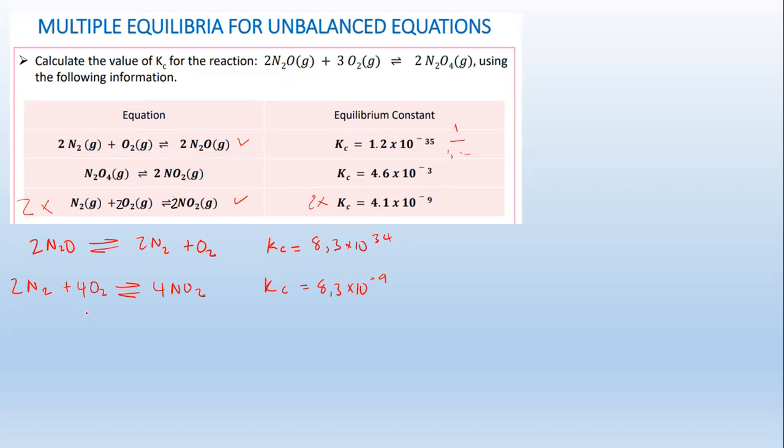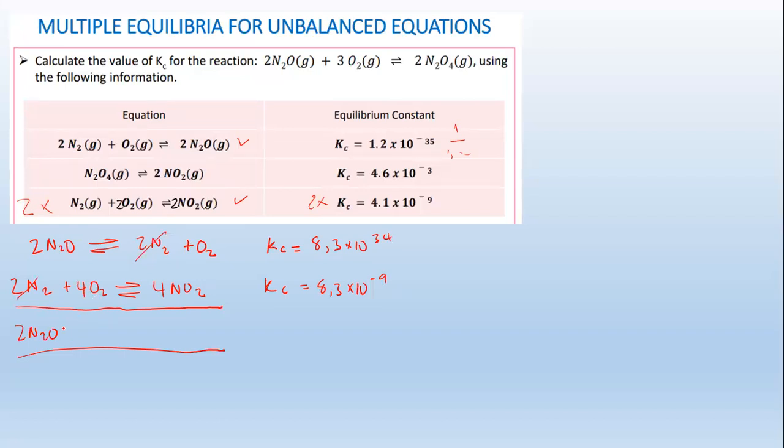Now I am going to add these two equations together. When I add them, I have 2 nitrogen gas on the right-hand side of one equation and 2 nitrogen gas on the left-hand side of the other, so they cancel. If I transpose the oxygen to the other side, it's 4 subtract 1.